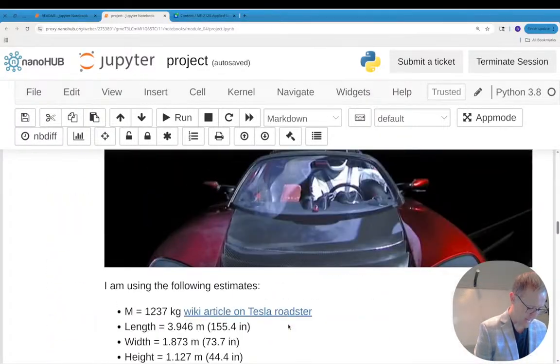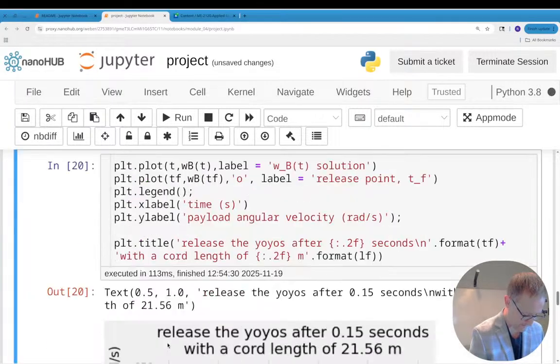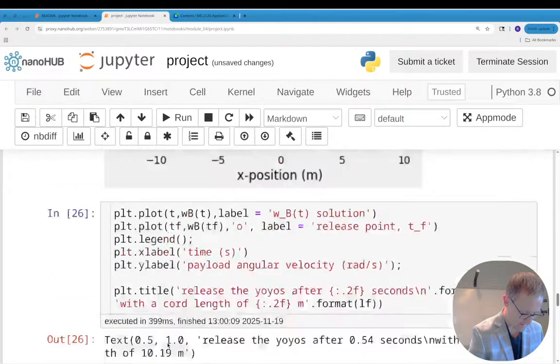I can change mass. 0.02, and we'll change this, make it 20. And we still need more time.